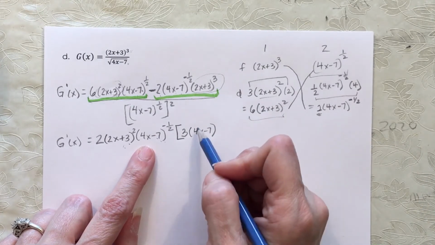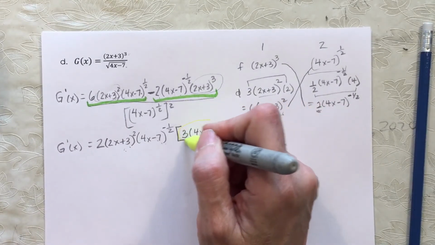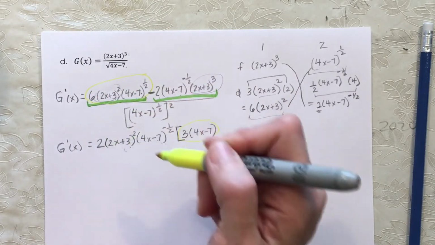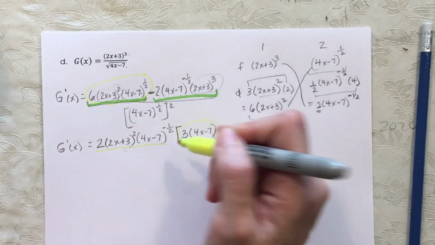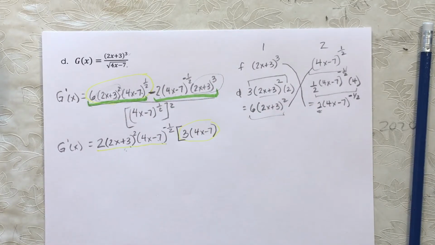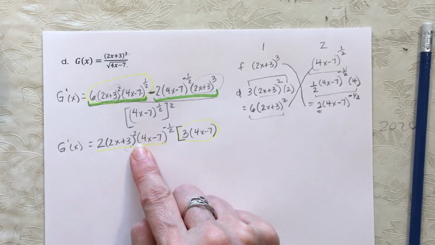So this part here is me dividing this by the greatest common factor. Okay, so this divided by this gives me the 3 times (4x - 7). Now I'm going to divide the second green chunk by the greatest common factor.